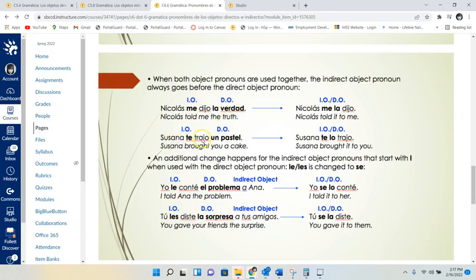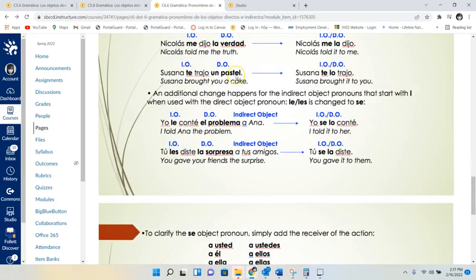When there's one parent that goes out with the kids, it's always easier to ID the kids in front of the parent. You always want to make sure that the kids go in front of you so you do not lose sight of the children. You do not lose them. If something was to happen to them, you always see them in front of you. So you see how the placement, the ID, you're IDing your kids, indirect first, direct after, but they go where? In front of you, okay? So by in front, I mean the verb is the parent, kids go in front of the parents.